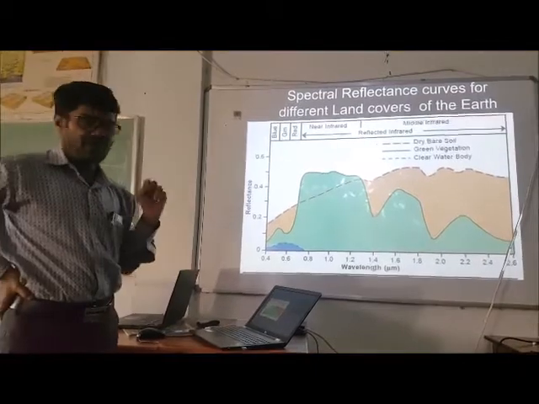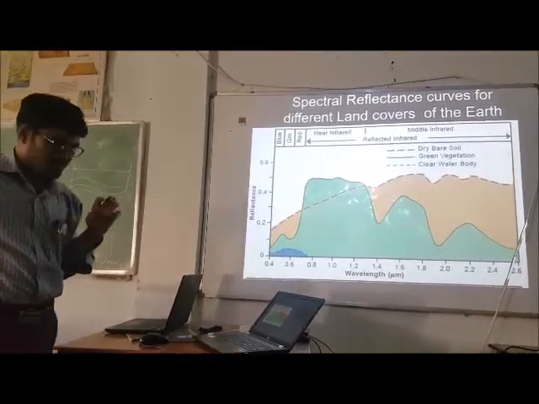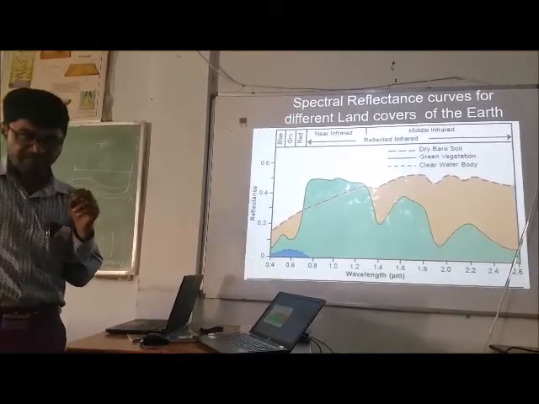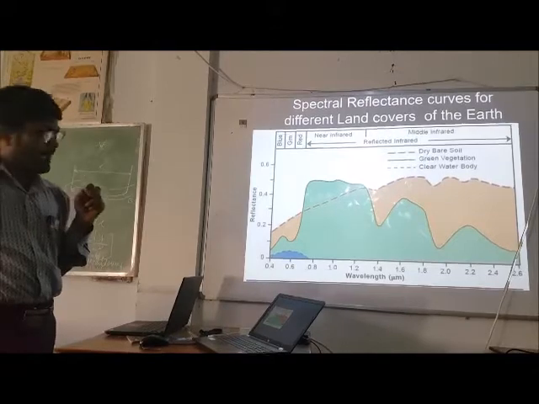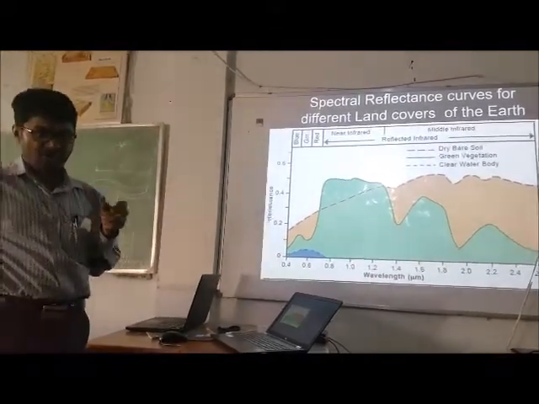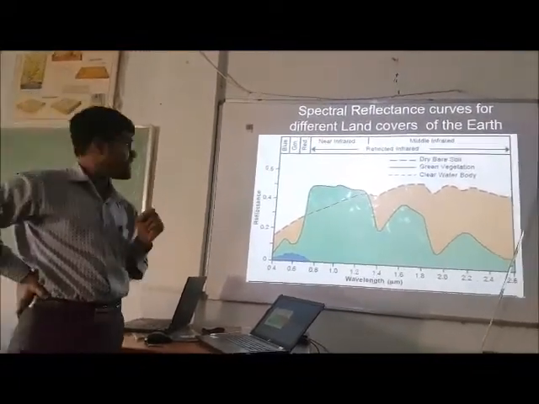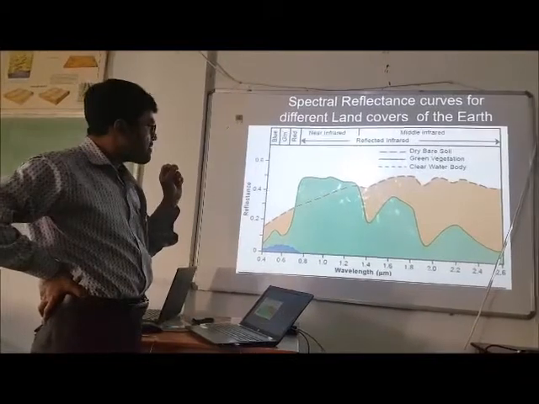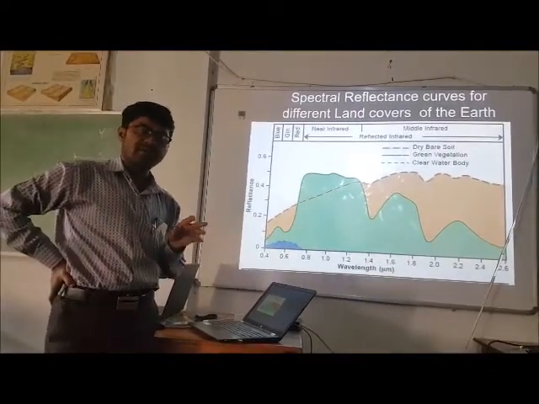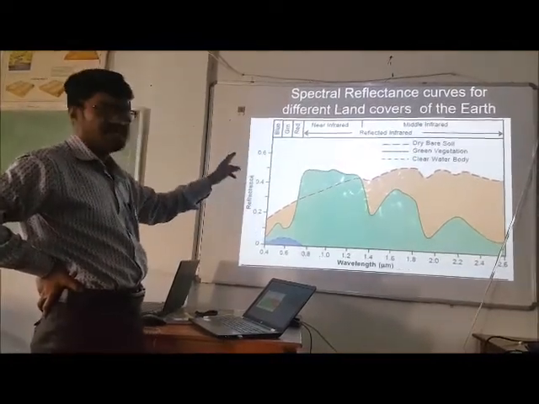Among these four bands, if we combine three bands at a time and examine the interpretability of that particular RGB combination, the most suitable band combination is near infrared, red and green.